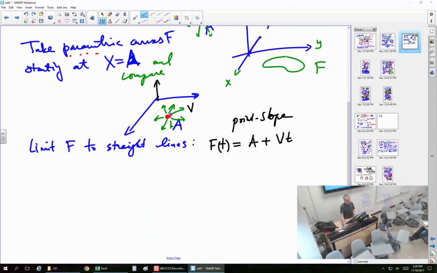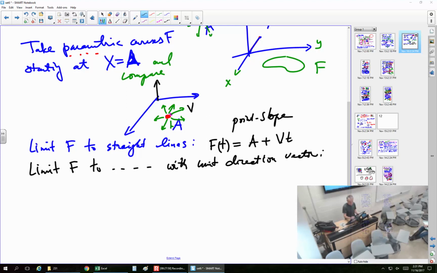Now, what we also want to do, if we want to compare the rate of growth in different directions under this function f, is limit even more. So limit f to these straight lines with unit direction vector. So simply the magnitude of v is equal to 1.